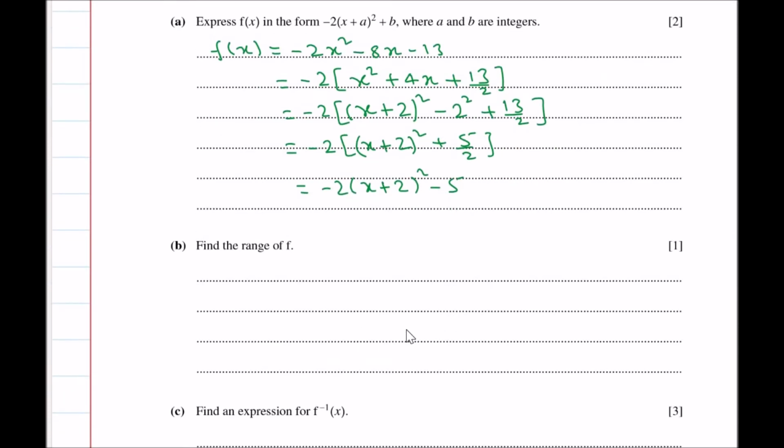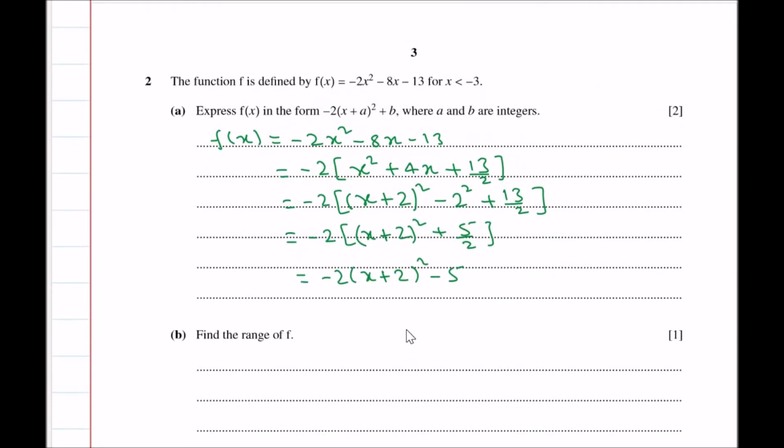Now it says find the range of f. Okay, we can see there domain for f is x less than minus 3. So let's put x equal to minus 3 in the given function. Okay, so if you are putting x equal to minus 3 here, we get f x is minus 2x square minus 8x minus 13.